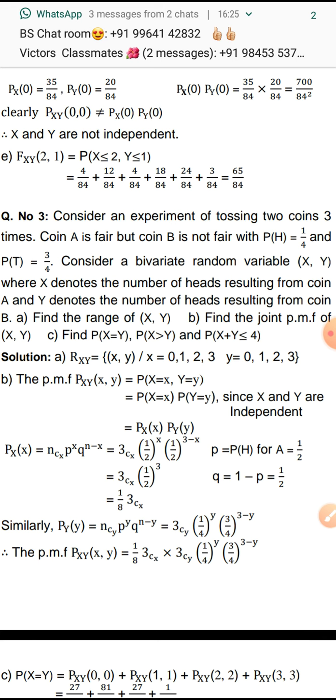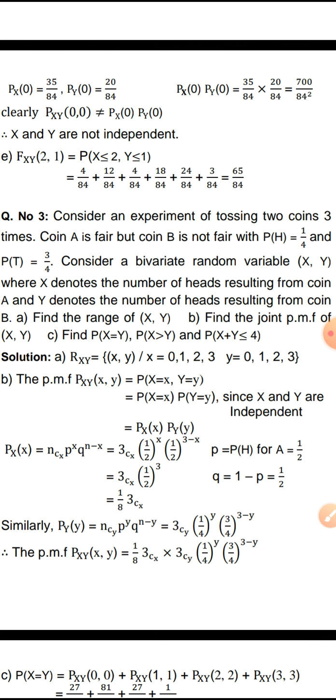A is fair, so probability of getting head is half, probability of getting tail is half. Coin B is not fair, so the probability of getting head is 1 by 4, probability of getting tail is 3 by 4. Now X denotes the number of heads from coin A when A is tossed 3 times. Y denotes the number of heads from B when B is tossed 3 times.